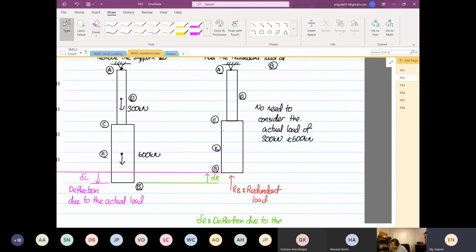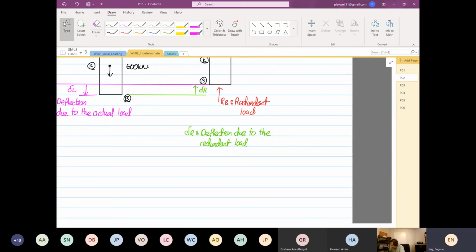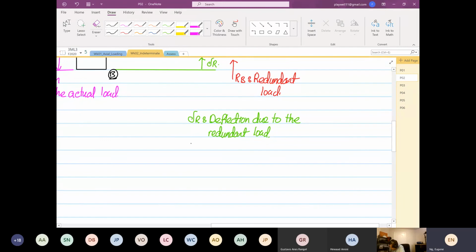And then from here we can find RB. We can find RB by using delta L plus delta R is equal to 0. Right.